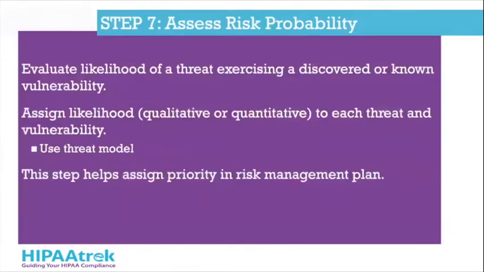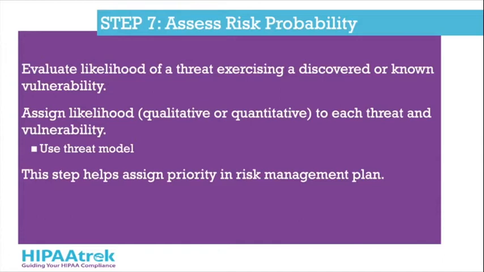And the fun continues with more math: assessing the risk probability. So once you have all those previous 6 steps done, now you need to understand how likely am I really to experience this threat attacking this vulnerability, right? So you can do it qualitatively, which is high, medium, low type of likelihoods, or you can give it a quantitative number.